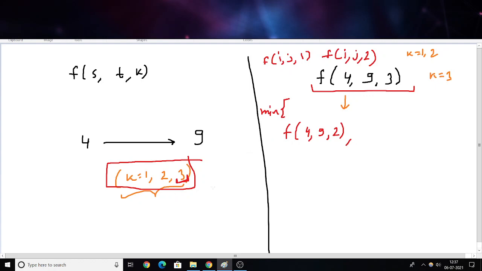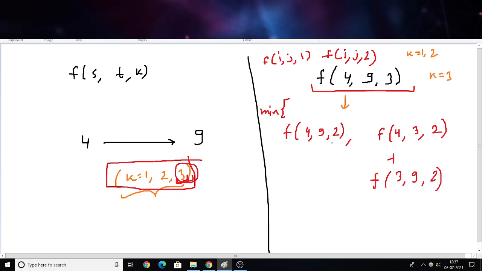And the second case, we do include city 3, in which case it is important that we use city 3. So one way to use city 3 is that we use it as an intermediate, meaning that first of all we move from city 4 to city 3, and of course the value of k will be 2, plus then we move from city 3 to city 9, only using k equal to 2.